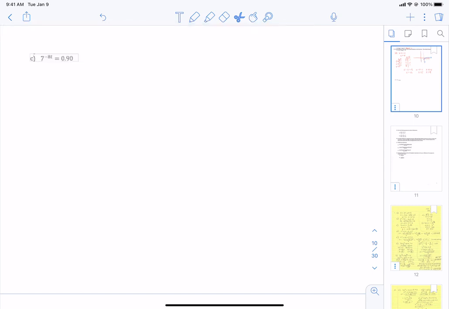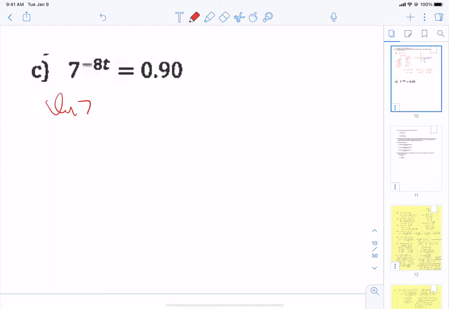It's too tiny. There we go. Okay. Now, there's no way to make 7 and 0.9 be bases to match. Like if I saw a 49 over there, I might think, oh, maybe I can do something with it. Since you can't, stick a natural log in front.